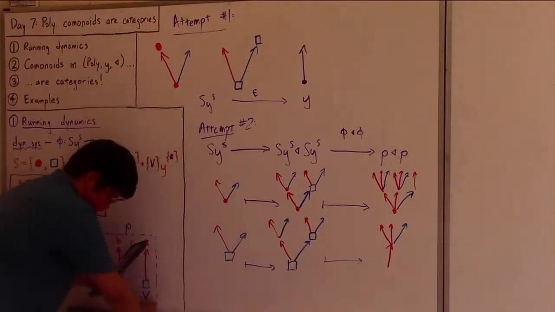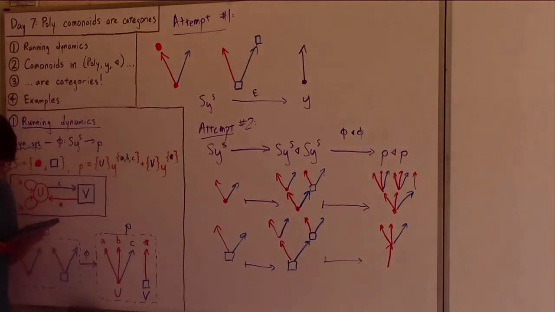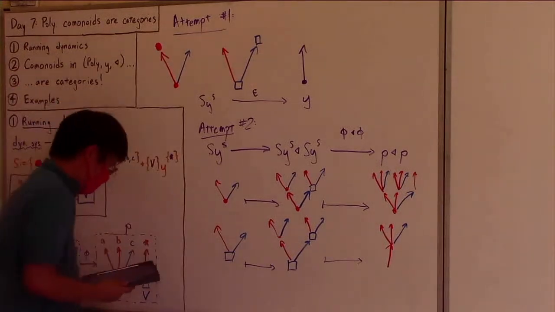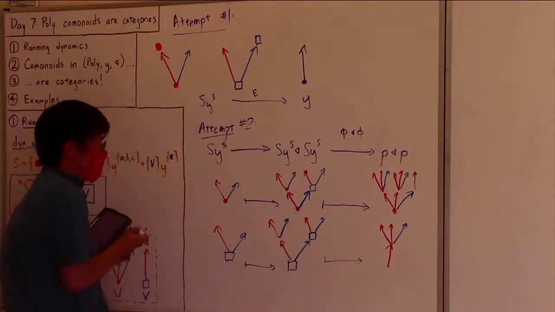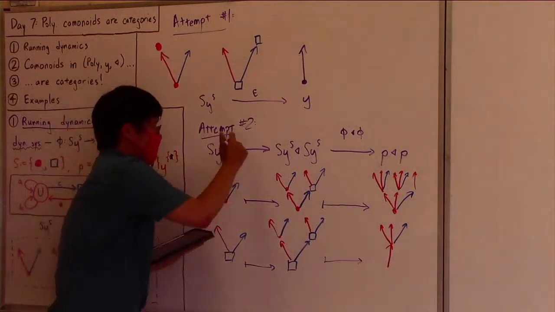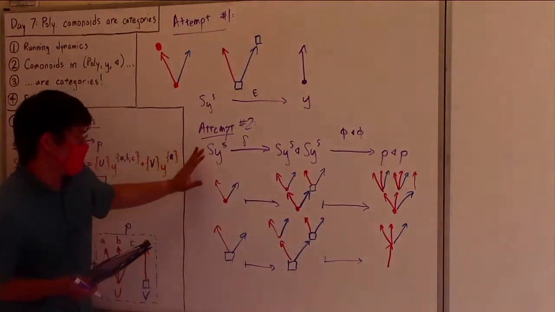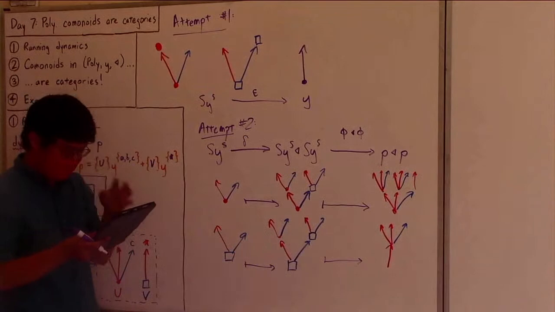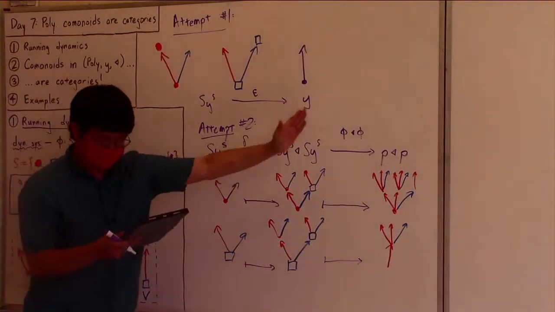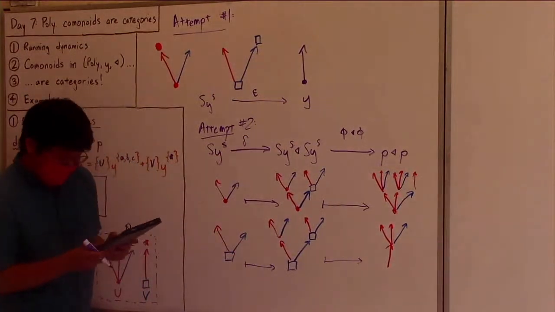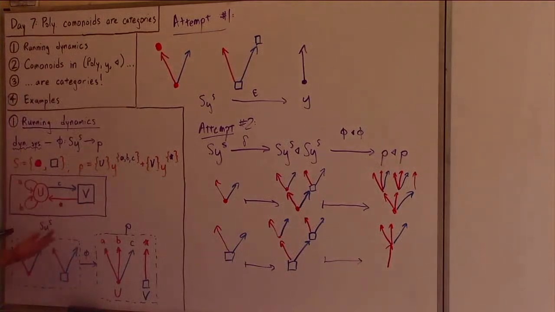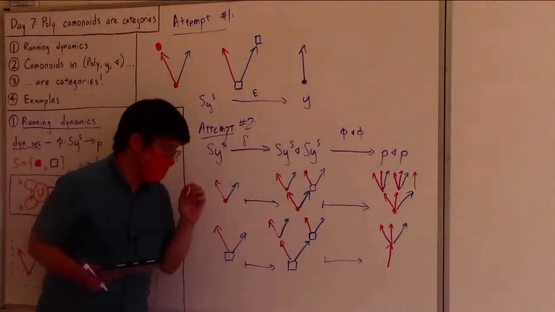And so really the key thing that's helping us here is this arrow from sy to the s to sy to the s composed with sy to the s. Great. Now what we've really done is we've kind of sped up the system, right?